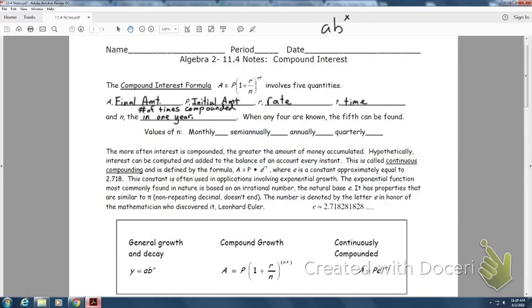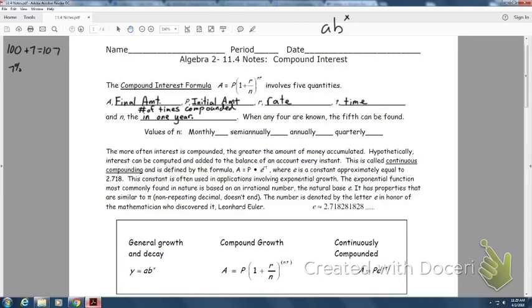So let's talk about that. Now, does anybody know what compounded means? Okay, it's just kind of combining two things together. All right, now in context of this unit, to give you just a Mickey Mouse example, if I have $100 in a savings account, and let's say it has 7% interest, whenever it's compounded, it takes 7% of the current balance, which is 100, which would be $7, and it adds that onto the balance.